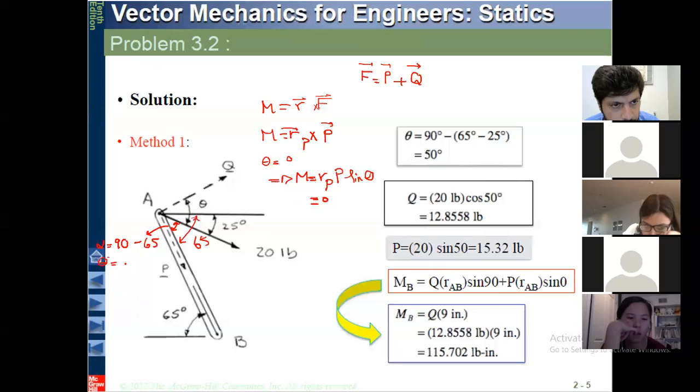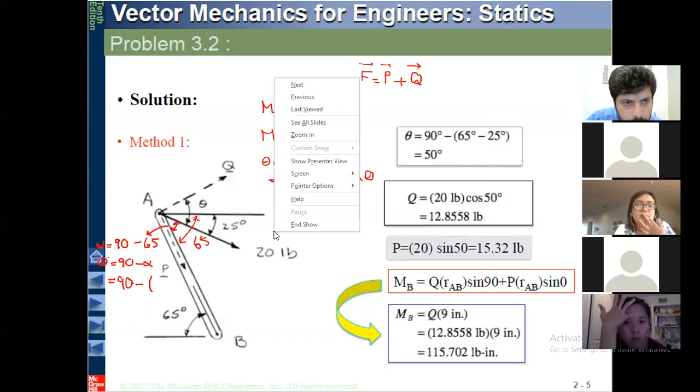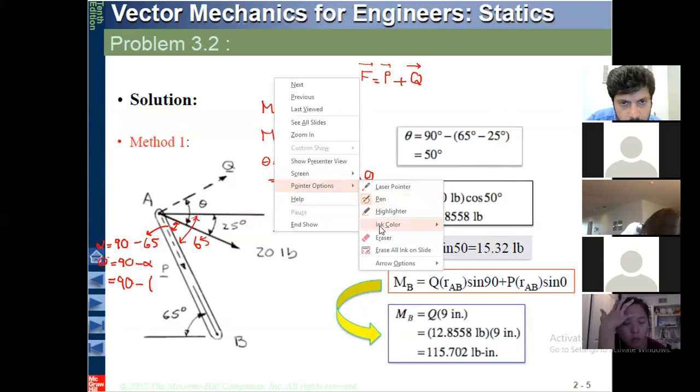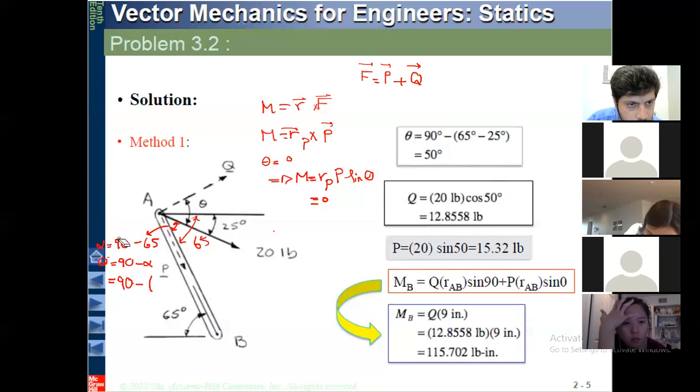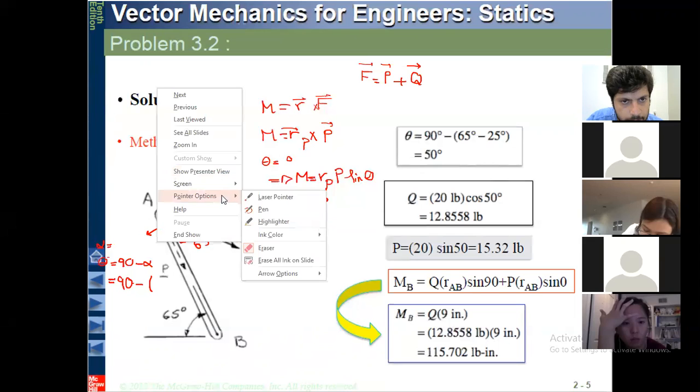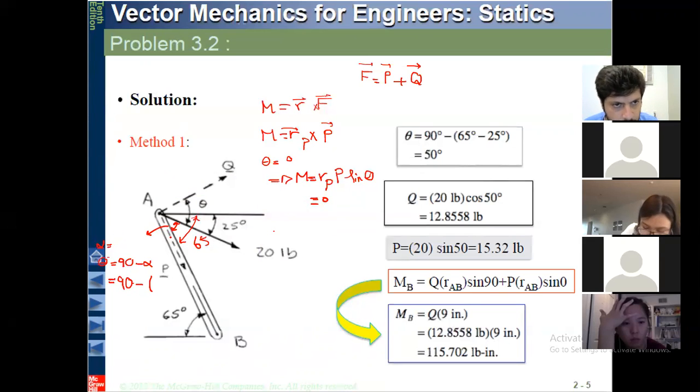So theta would be 90 minus alpha in this figure. I'm sorry, I should correct alpha. Alpha is 65 minus 25.